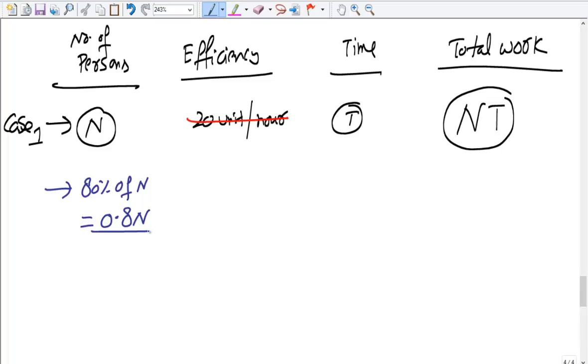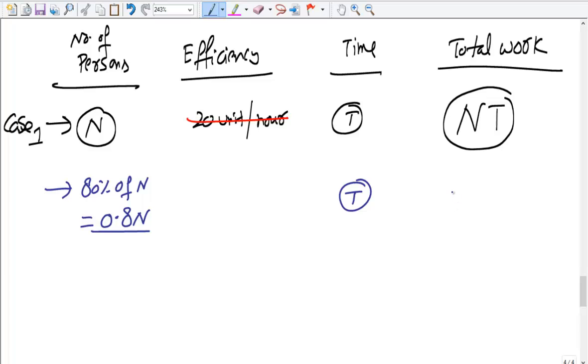However, the information clearly states that they take the same time as that of the entire people present, all the people present, to finish the total work. Now to finish the total work, when all the persons are present, is t. When only 80% of the people are present, to finish the remaining part of the work also they need the same duration, that is t.